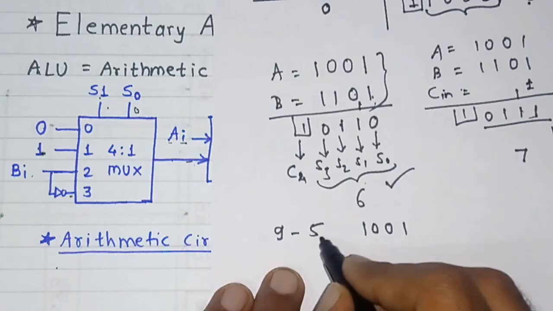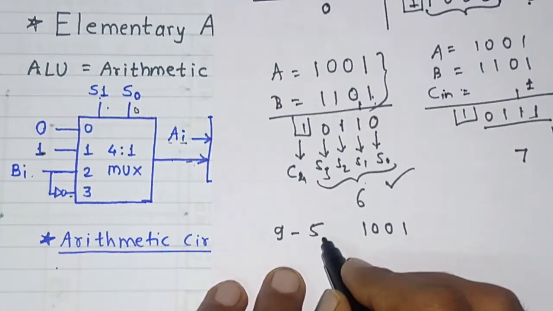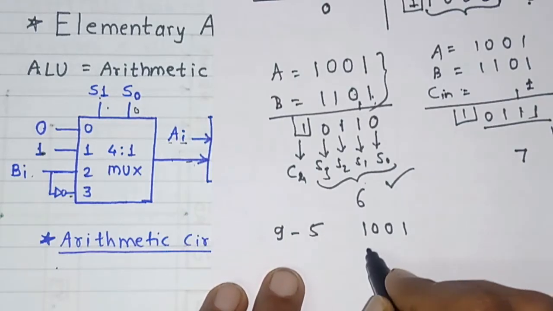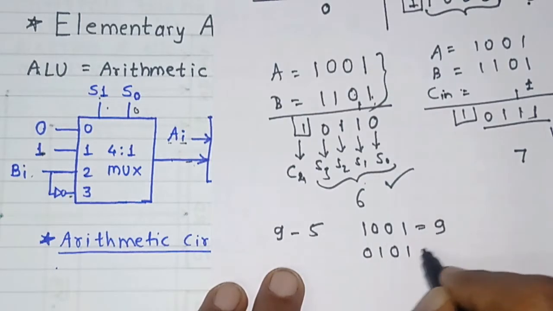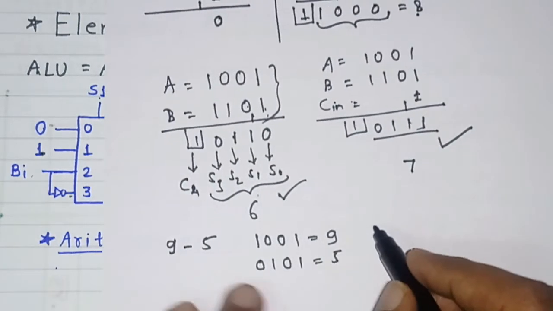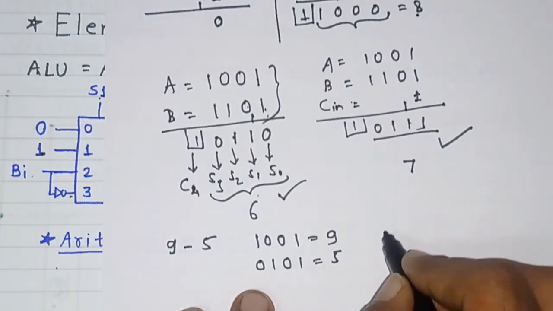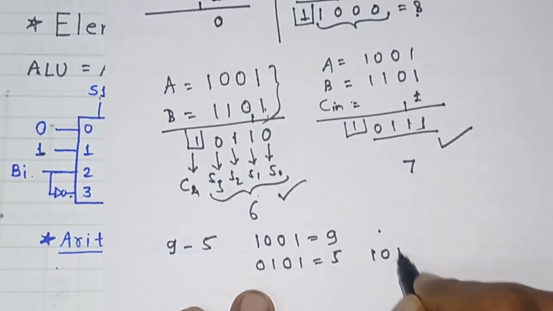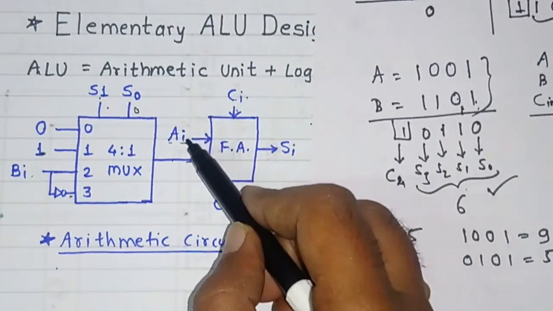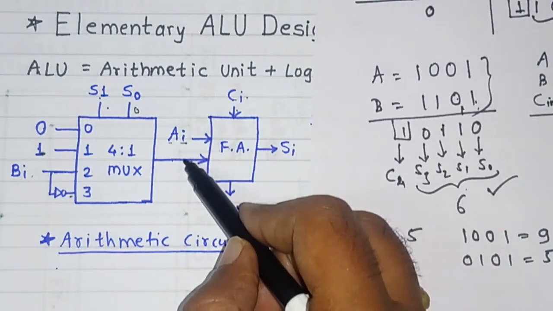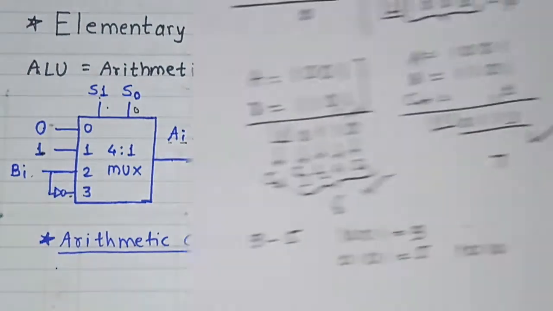So b bar means we have to complement each and every bit of this 5. So complement of 5 is 1010.